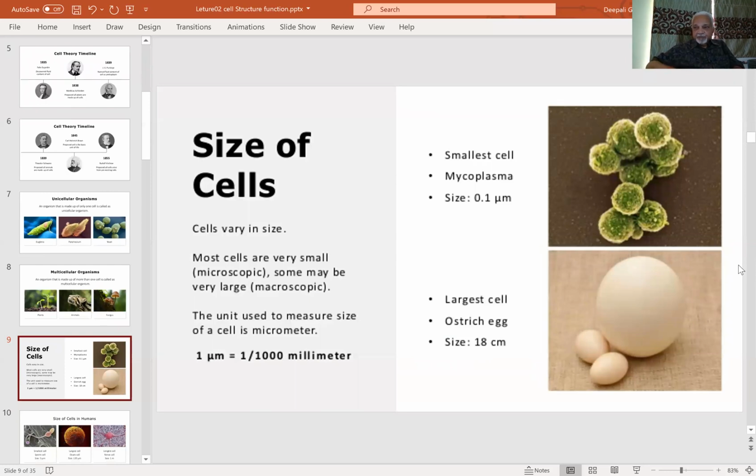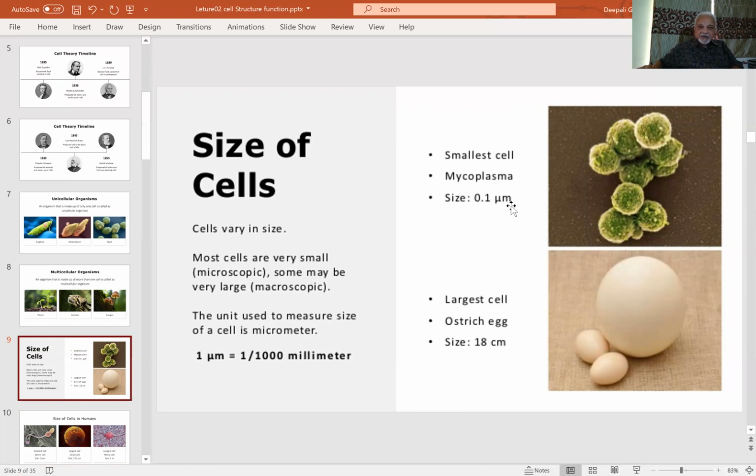For example, the size of a cell varies. A single cell you cannot see with the naked eye. But if you see some of the examples, the smallest cell is the mycoplasma, which is about 0.1 micron.